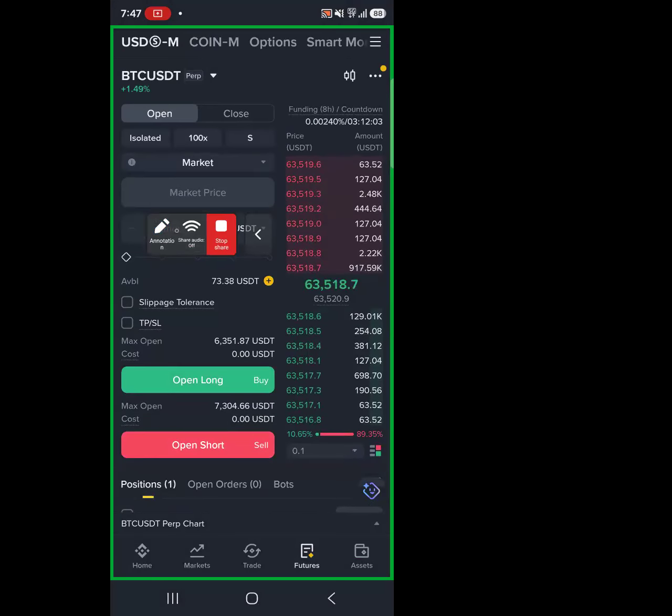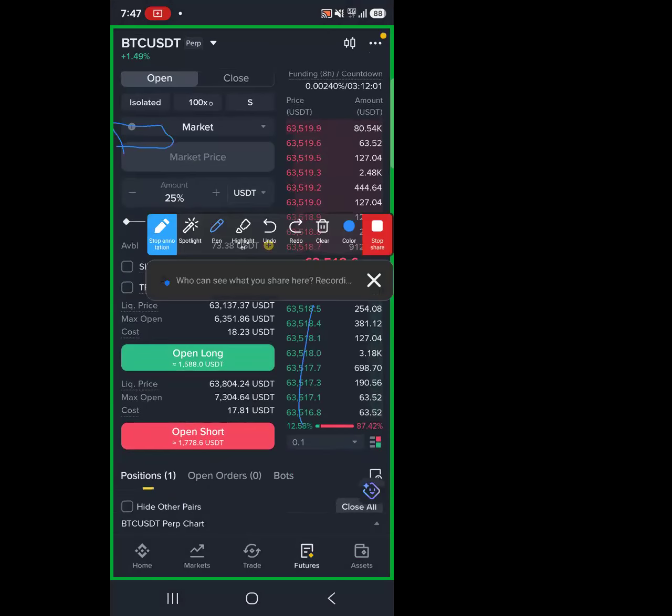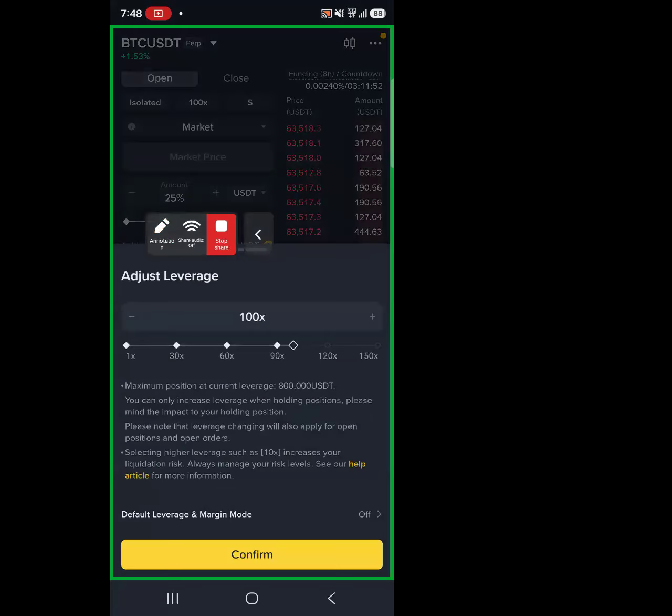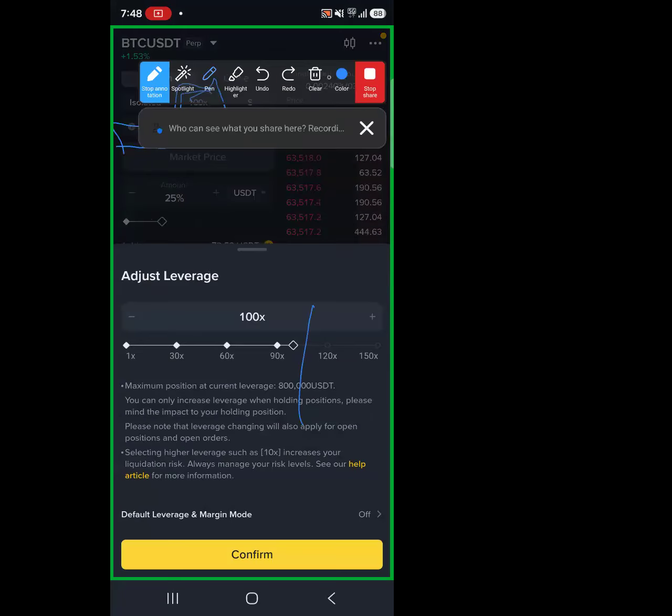Now, here is where you have the leverage. For Bitcoin, when you tap on it, you see it has been adjusted to up to 150x. So you can decide to choose 100x like I've chosen, or you can bring it to 120, or you can even take it to 150, or you can reduce it to 60, 30, even 10.